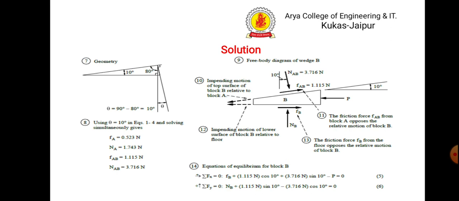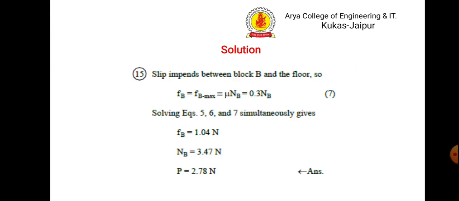Now if we again apply the equations of equilibrium, summation of Fx equals 0 and summation of Fy equals 0, we get Fb plus 1.115 Newton cos 10, because it is Fab, which we have already found, plus 3.716 sin 10 minus P equals 0. And for vertical forces, Nb plus 1.115 Newton sin 10 minus 3.716 cos 10 equals 0. For slip impending between block B and the floor, Fb equals mu into Nb.